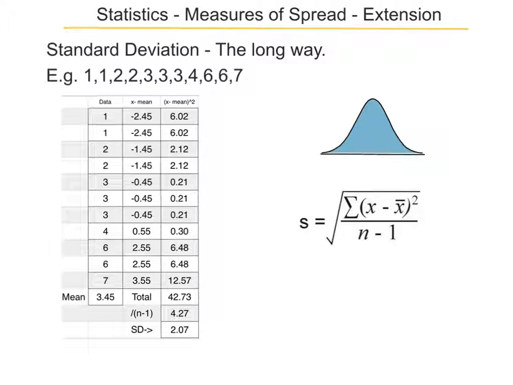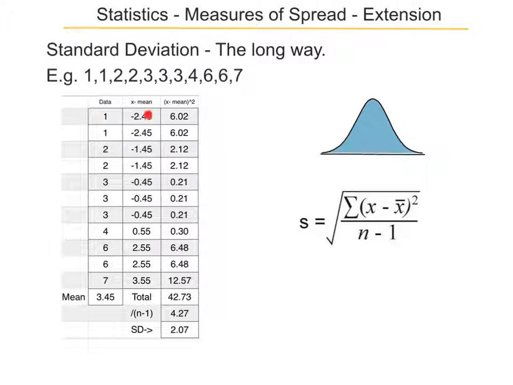In the table, I've listed all the data points for this data set up here. The first thing I've done is worked out the mean by adding all these up and dividing by the number of them. In the next column, we're doing x minus the mean, which is this part in here.